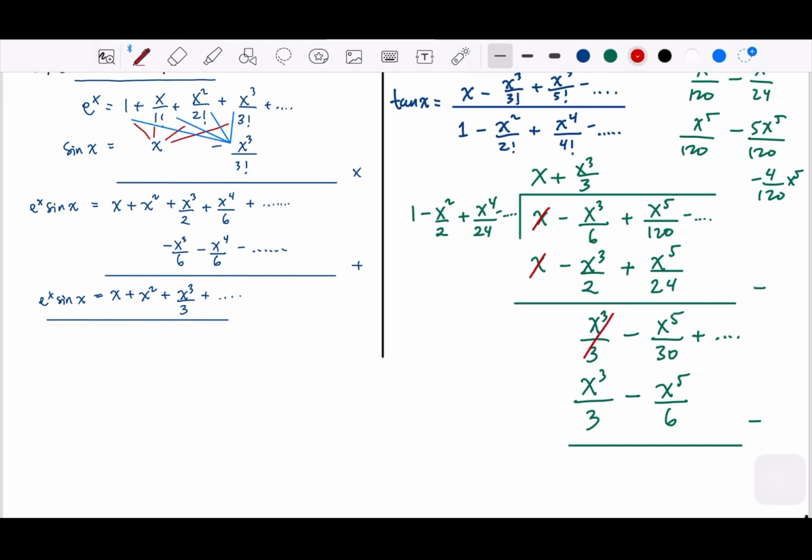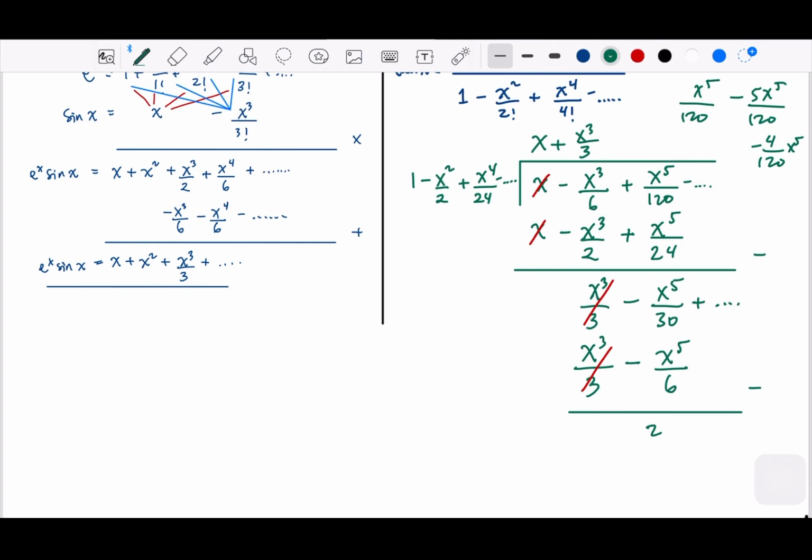And this will be cancelled. And this will be 5 over 30 minus 1 over 30 is 4 over 30. So 2 over 15, right? 2 over 15 x^5.